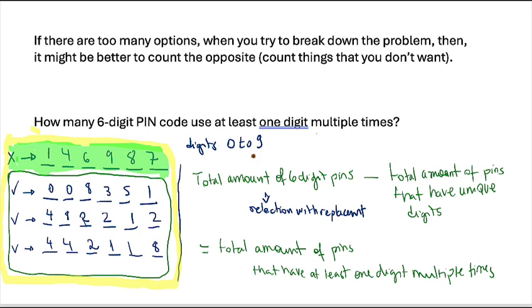Okay, with 10 options: 0, 1, 2, 3, 4, 5, 6, 7, 8, or 9. So I have 10 options for each layer. And it is with replacement because if you chose 0 for your first digit, you can also choose 0 for your second digit, okay? So if you want to work out this problem, you would be doing a tree where you have 6 layers of decision, and each layer has 10 options.